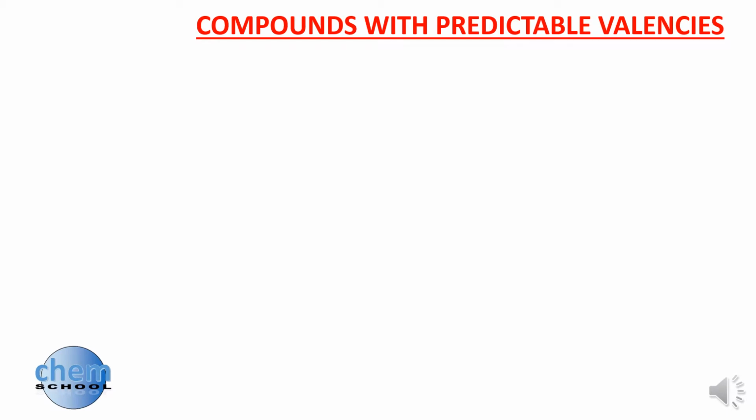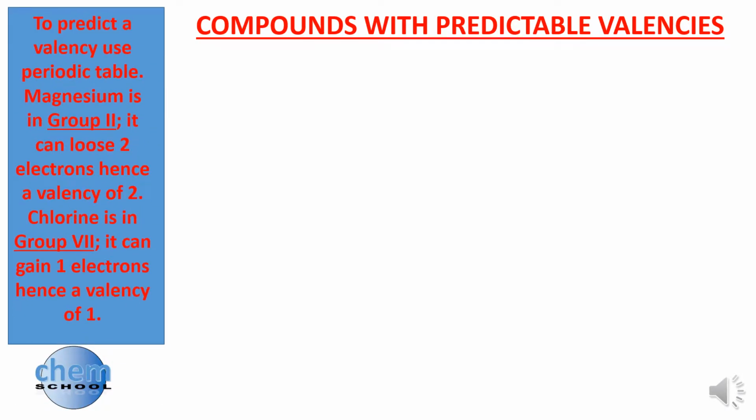So we shall begin with the first group, that is compounds with predictable valencies. But why are we calling them compounds with predictable valencies? To predict a valency, we use the periodic table. For example, magnesium is in group 2.